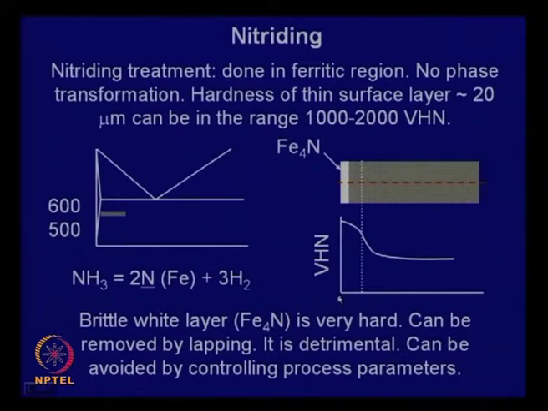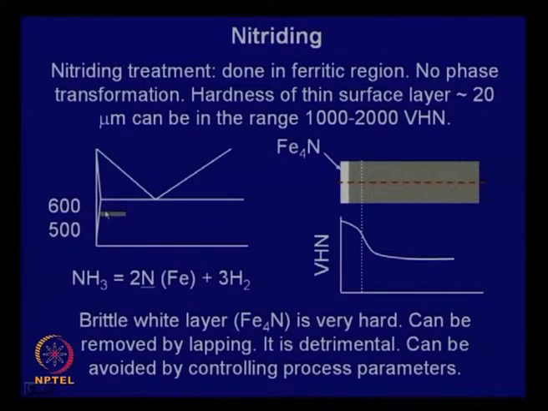Now, another important surface heat treatment is nitriding. You can also allow nitrogen to diffuse into the system. The process is exactly similar, and it is done with the job heated in a cracked ammonia environment, and the temperature is much lower than the lower critical temperature.